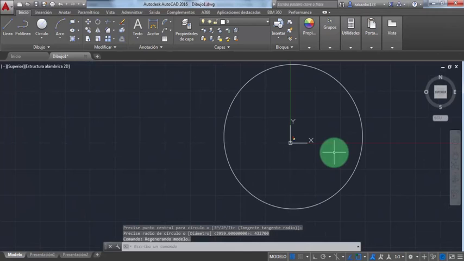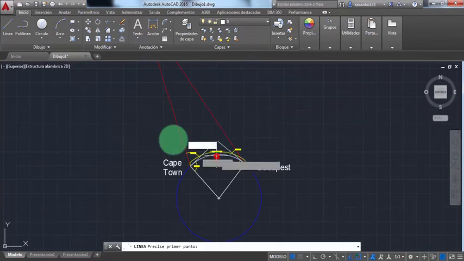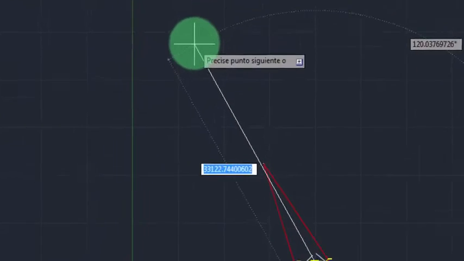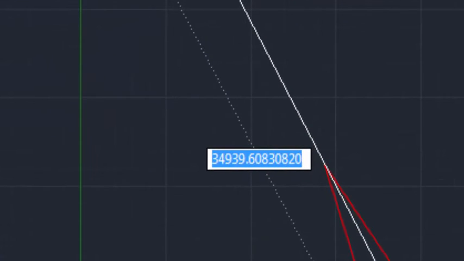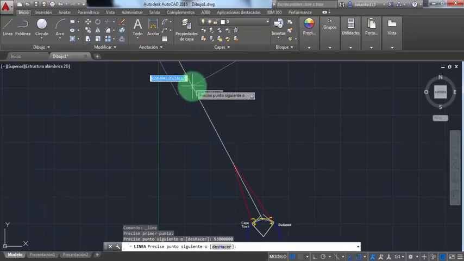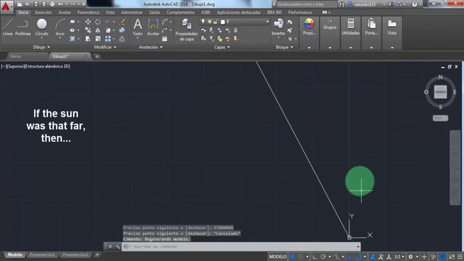Wow, that is huge. But it doesn't matter. I'm going to draw a 93 million miles line just to see the difference. Wow.